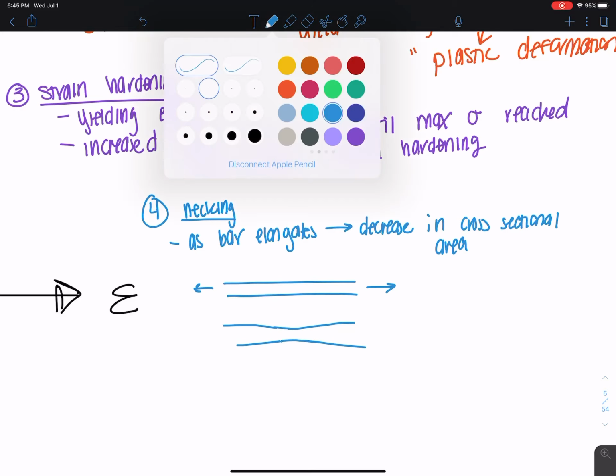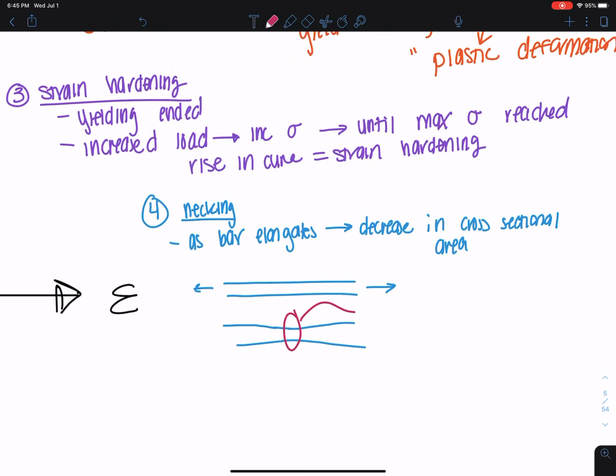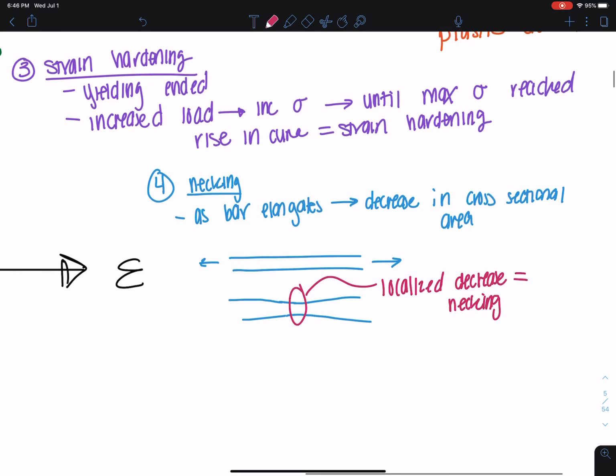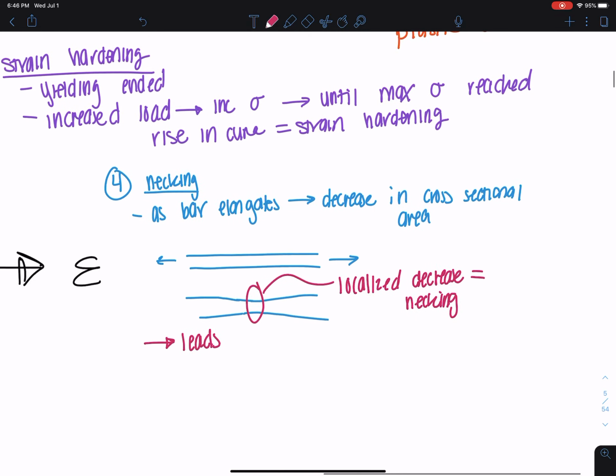So we see this localized decrease, and we call this necking. And this is when this ultimately leads to failure. This is where it fails. So if you keep pulling on the gummy worm, it's going to kind of break in the middle if you have equal force applied on both sides.